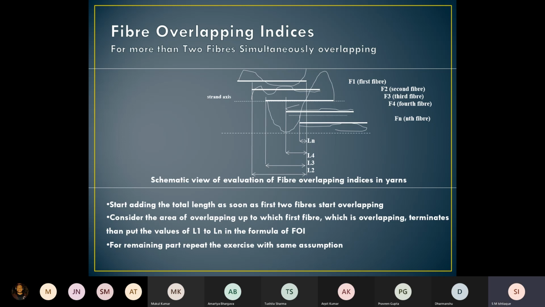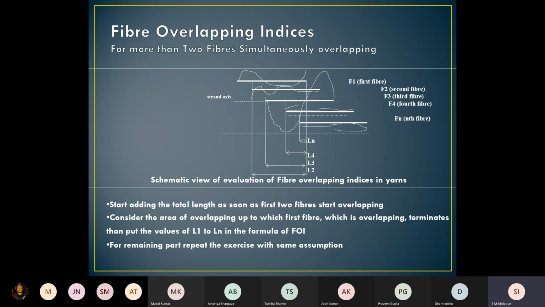So now, besides the fiber extent, another important issue is how the fibers are overlapped, and what my overlap length is. First we will try to understand how to measure these indices, then we will talk about their significance, and then about different properties and situations: how my packing density is changing, or the spinning unit coefficient is changing, and why I'm not able to explain certain parameters.